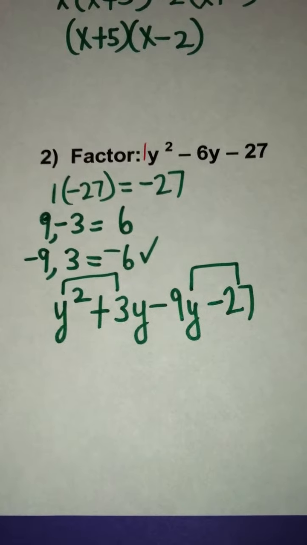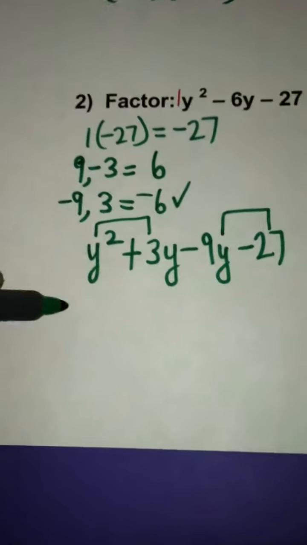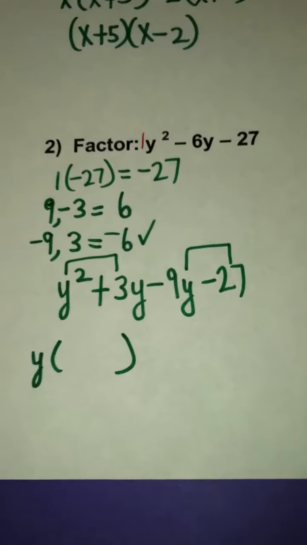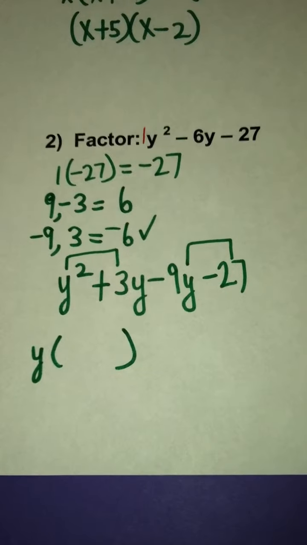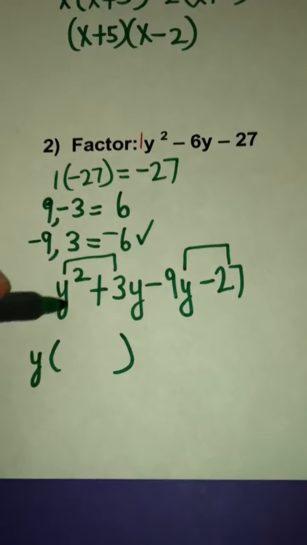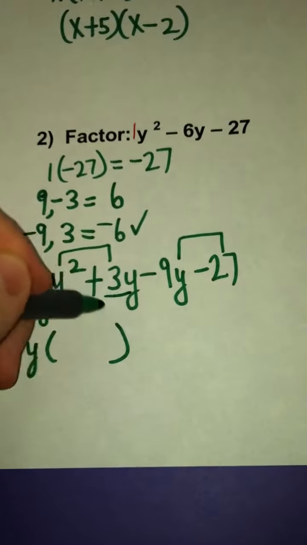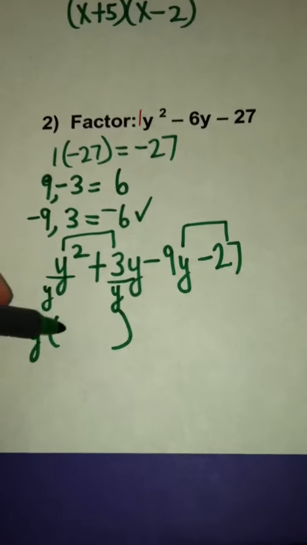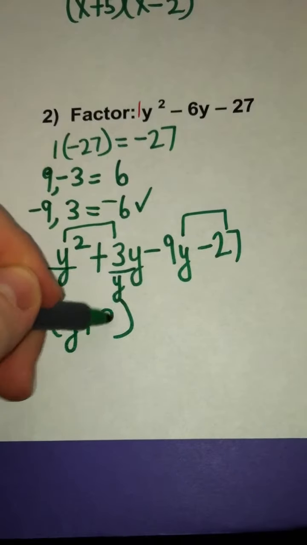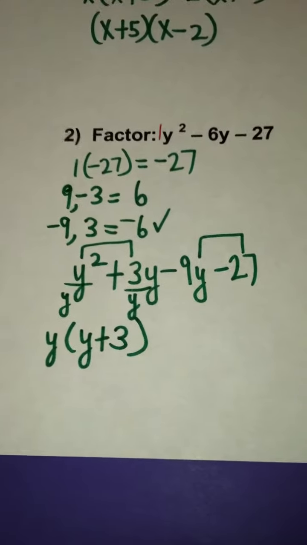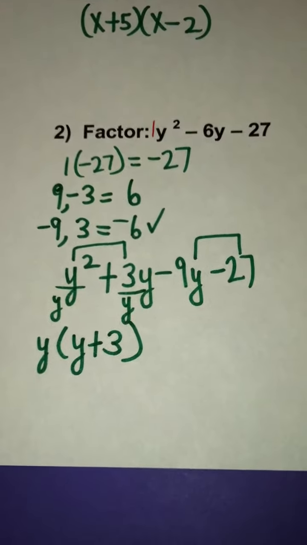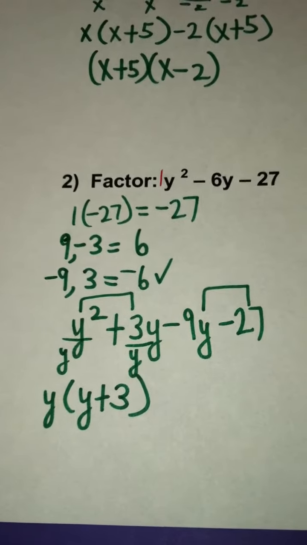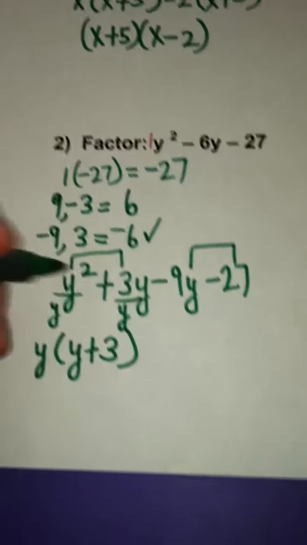The GCF for the first pair is simply y. We need to find what's left in the parentheses, so you can just divide each term by y. So we're left with y plus 3. Do the same for the last pair of terms. In this case, factor out a negative 9.